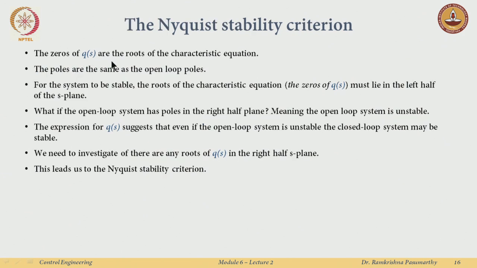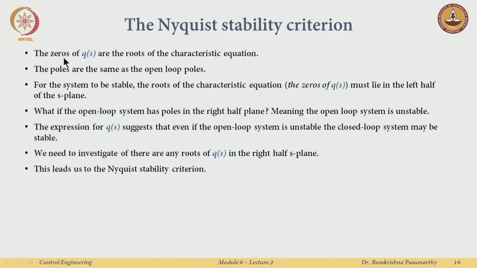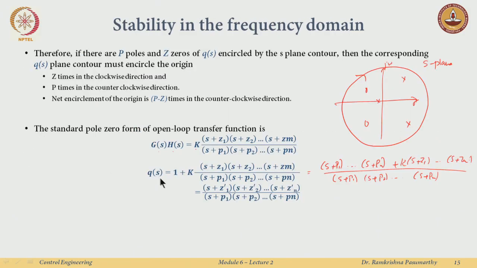The zeros of Q(S) are the roots of the characteristic equation. So, this is a transfer function with a set of zeros and a set of poles. Q(S) going to 0 would mean that (S plus Z1 prime) multiplied by (S plus Z2 prime) all the way till (S plus Zn prime) should go to 0. Therefore, the zeros of Q(S) have nothing to do with the plant, nothing to do with G times H now.